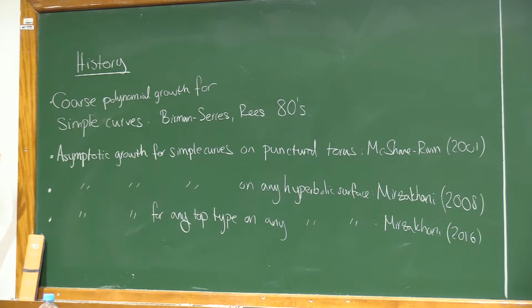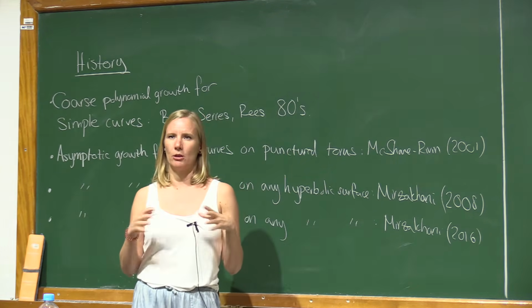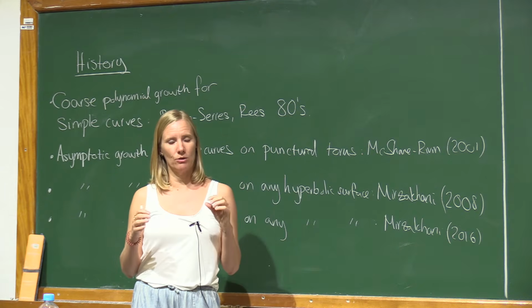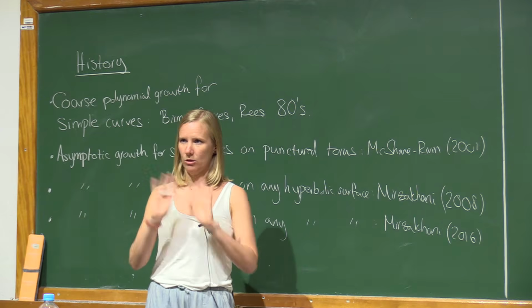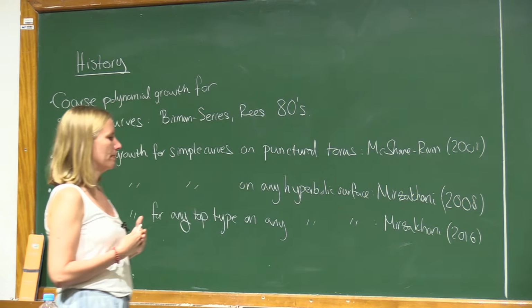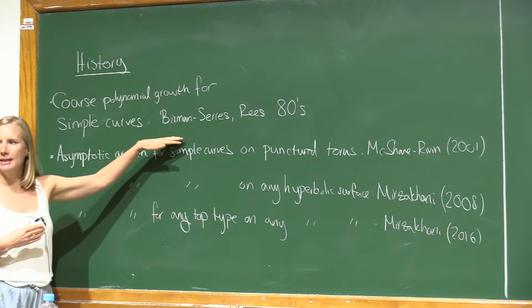Just to give you some very brief history of counting curves in the style of Mirzakhani. Mirzakhani proved that counting curves within a topological type on a hyperbolic surface grows asymptotically to a constant times L to the 6g minus 6 plus 2n, a polynomial whose power only depends on the topology of the surface. That this was the right rate of growth was known since the 80s.